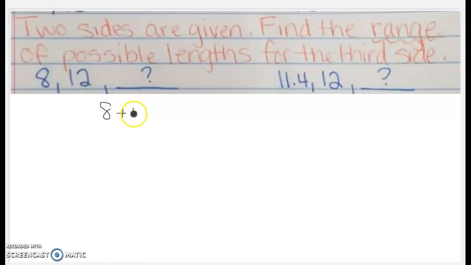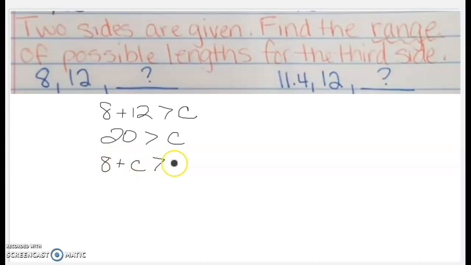So 8 plus 12, okay, has to be greater than side C. So 20 has to be greater than C. Okay, then one of the situations, I would have to take 8 plus C, and it has to be greater than 12.